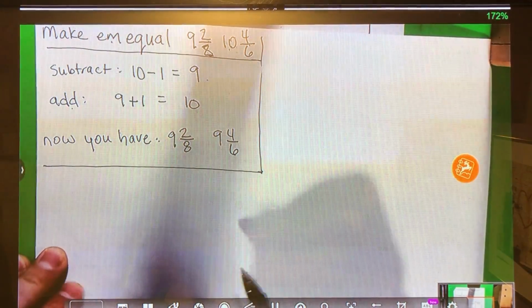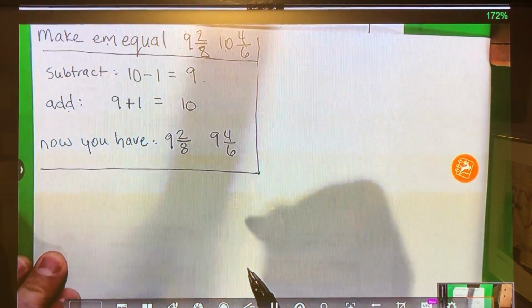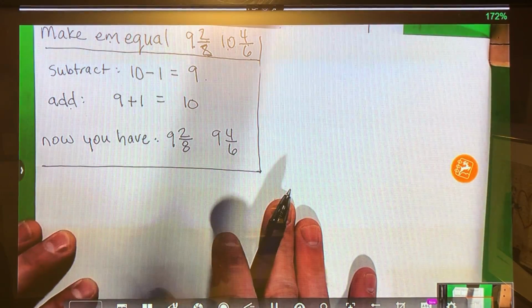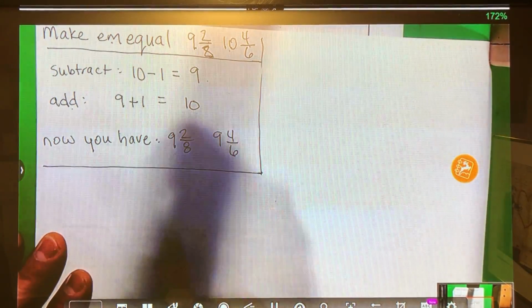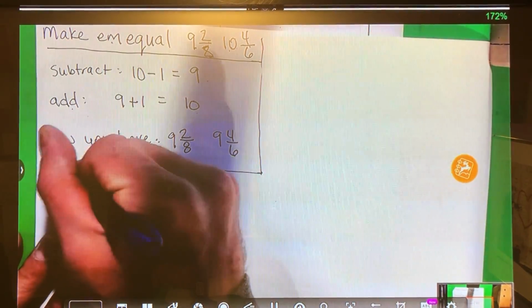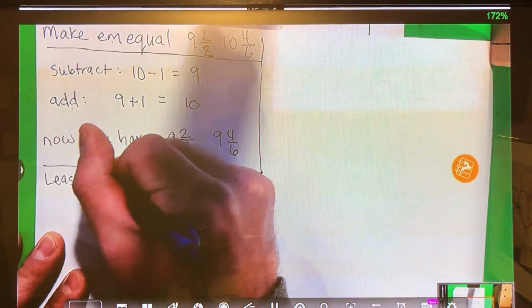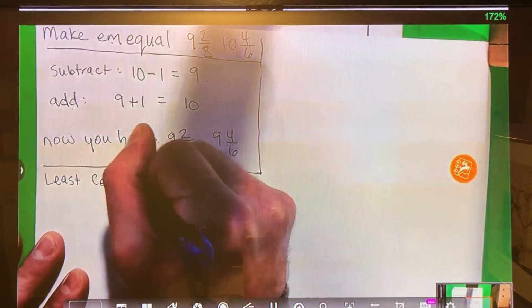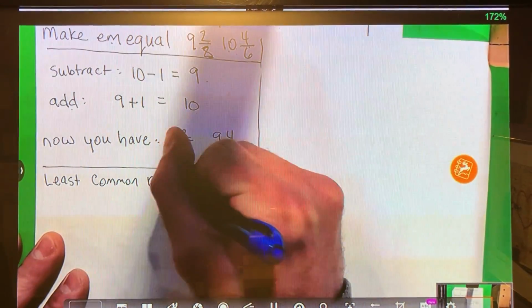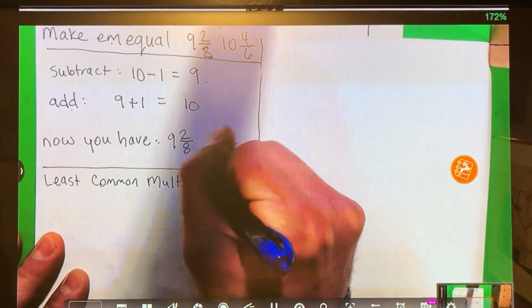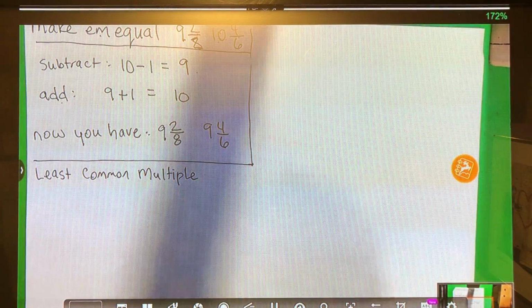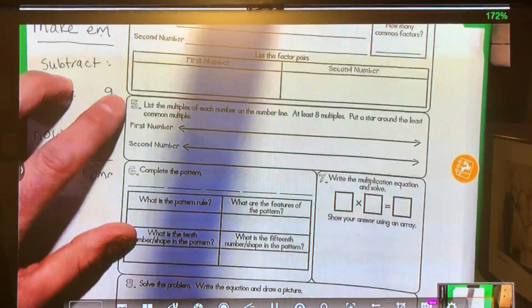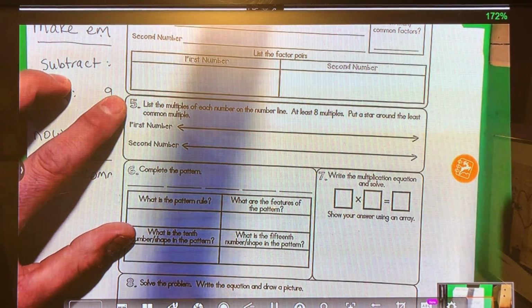And if you're watching this video during spring break, it's gonna be next week that we'll start talking about the idea of least common multiple, okay?